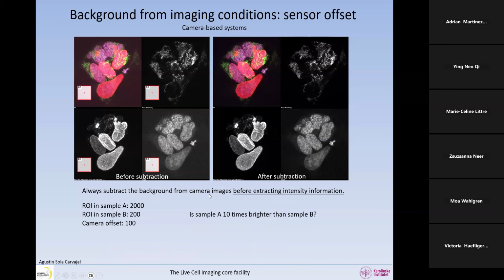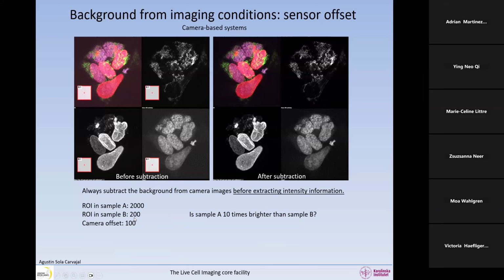So what happens if we do not do that? Well, if you're extracting intensity information and you have dim samples, you're in trouble. Your intensities will be wrong. Let me have a look. So let's say that we want to compare two samples, A and B. Okay, and in one of our samples, the region of interest, the stuff we are interested in, has an intensity of 2000.